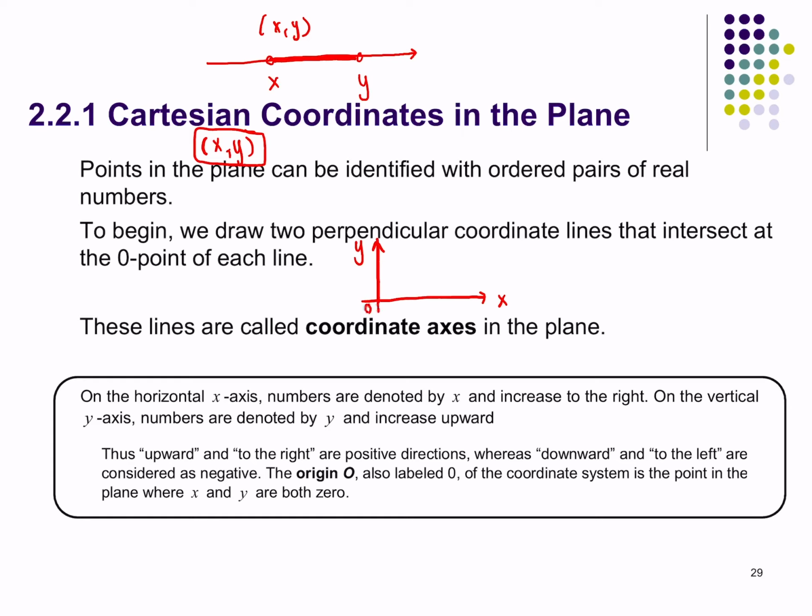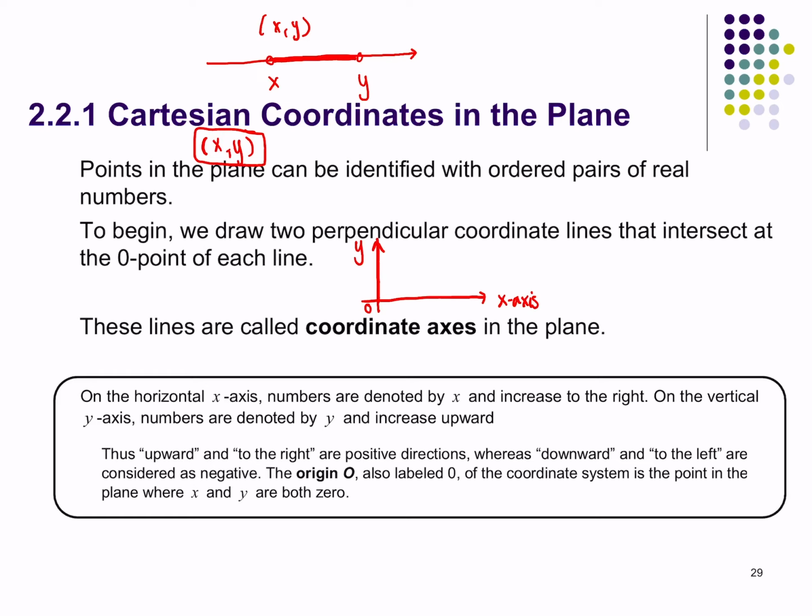On the horizontal axis, we denote it by the x-axis, increasing to the right-hand side, and along the vertical axis we call it the y-axis, increasing toward positive y.